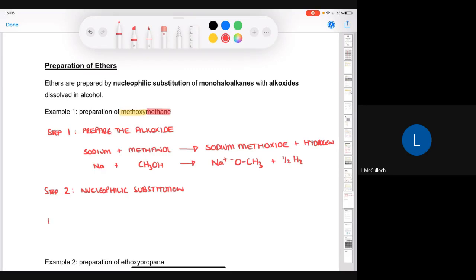So I'm going to take fluoromethane this time, and I'm going to react it with that sodium methoxide that I generated. And I'm going to dissolve that in methanol.